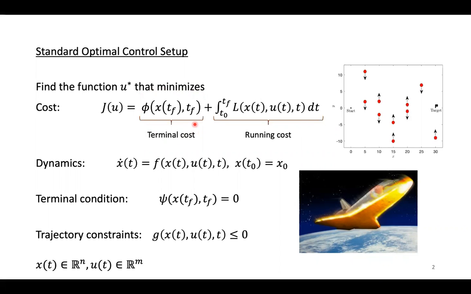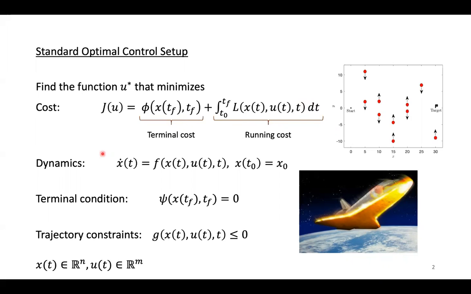If you use such a cost function, it's called the Mayer cost. Alternatively, you can convert this entire cost function to just a running cost function in this integral form, which is called the Lagrange cost. Again, these two are different ways of writing the more general Bolza form, but we'll stick to the Bolza form of cost for the rest of the discussion that we have today.